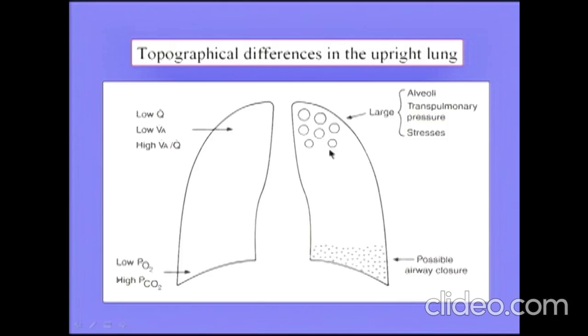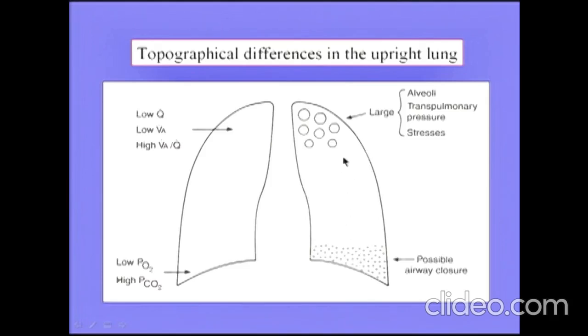On this side, we can see what happens because the lung is distorted by its own weight. As a result, the alveoli are large at the top of the lung, the transpulmonary pressures are greater, that is to say the difference between alveolar and intrapleural pressure is greater, and the mechanical stresses in the lung are greater. And you may have airway closure at the bottom of the lung because of this distortion.